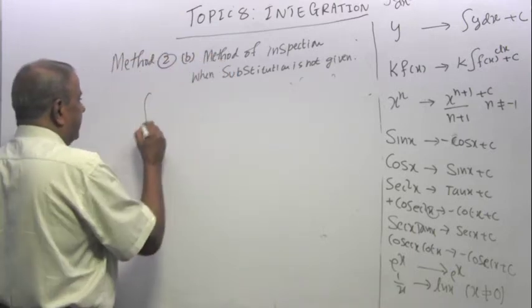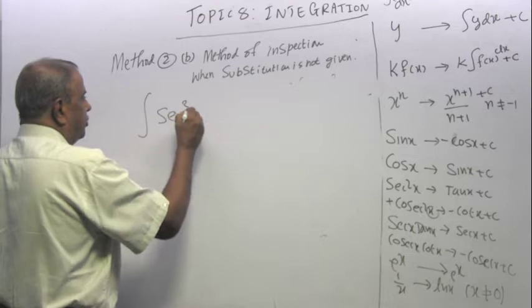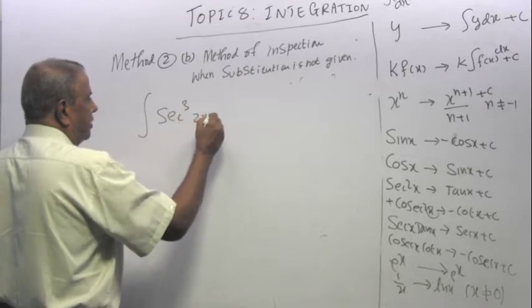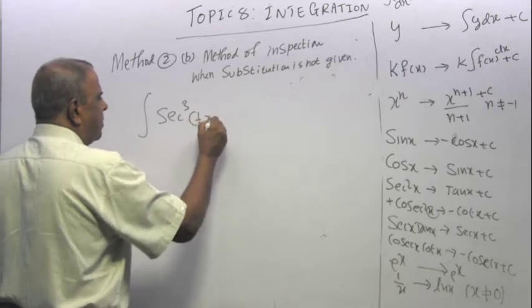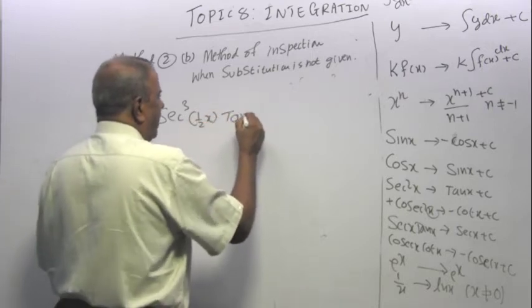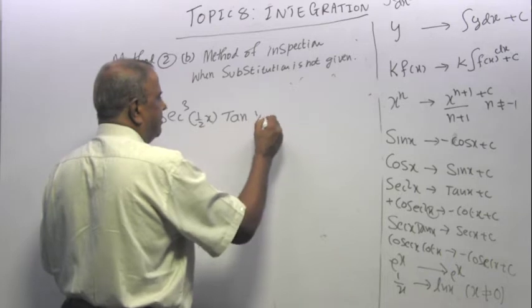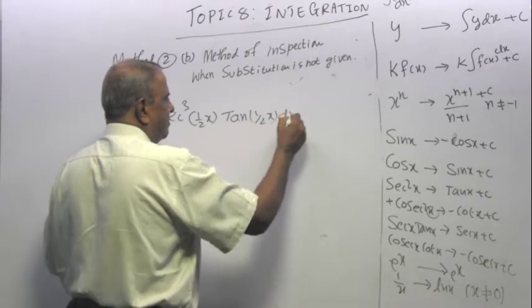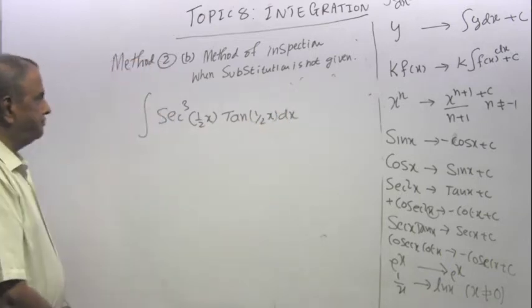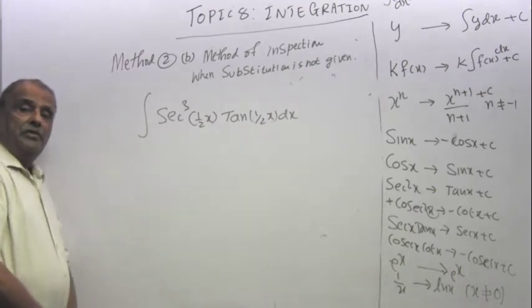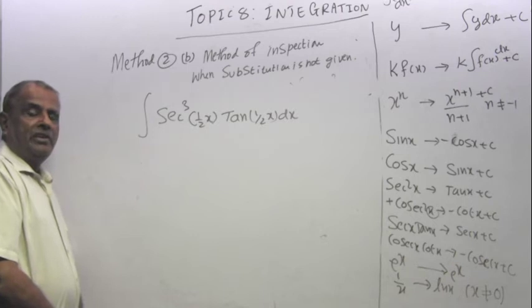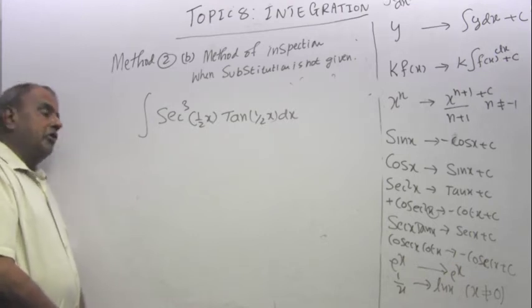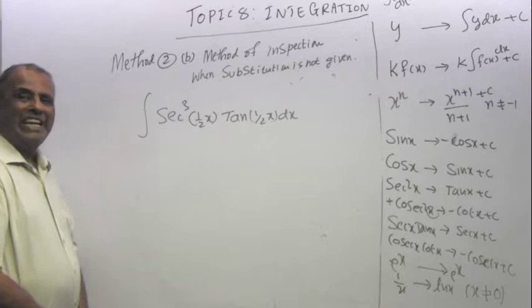Suppose I had the integral of sec cube half x tan half x. When I differentiate sec, the more complicated one is sec cube. When you differentiate sec, I get sec tan.